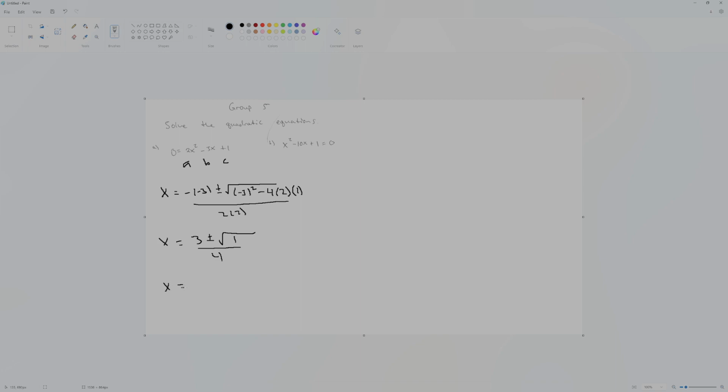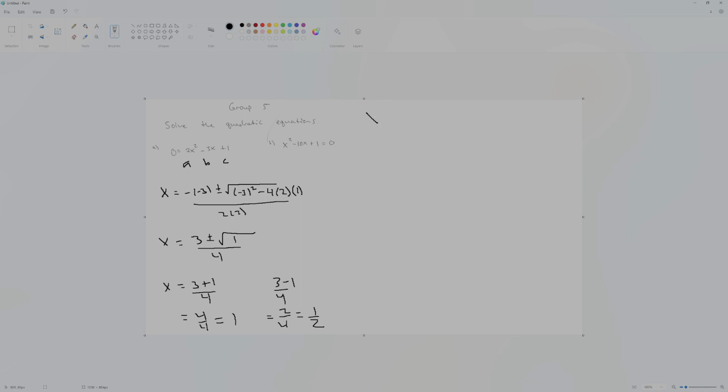So x equals 3 plus 1 over 4, which is 4 over 4, or 1. And x also equals 3 minus 1 over 4, which is equal to 2 over 4, and that reduces to 1/2. So 1 and 1/2 would be your answers for part A.